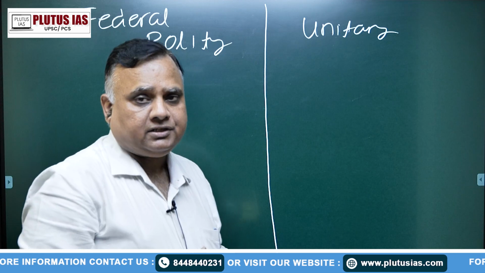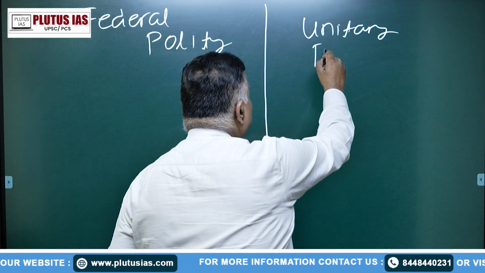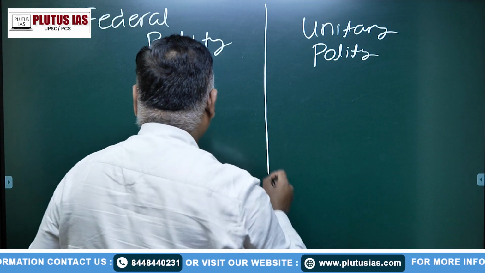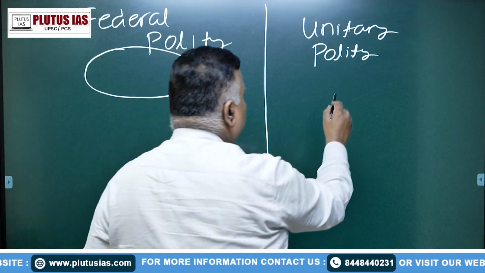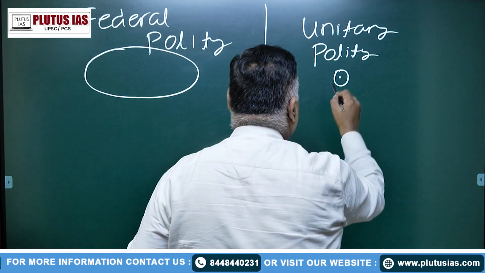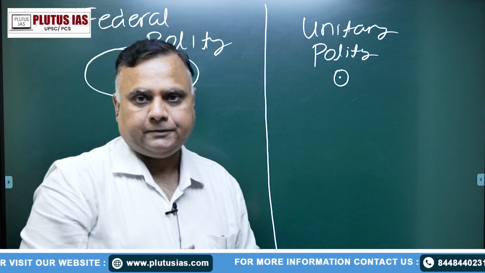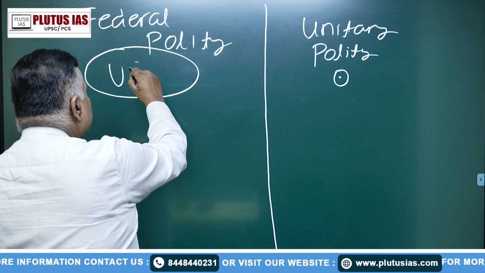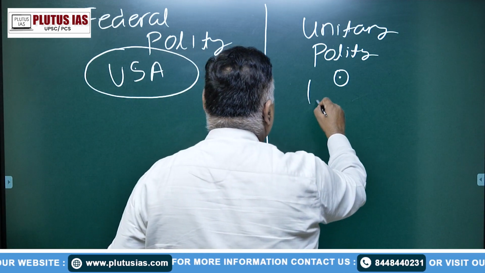All powers are vested in the union government. I have already said that large countries follow federal polity, and small countries, for the sake of administrative convenience, follow unitary polity. The ideal example of federal polity is the USA. An ideal example of unitary polity is the UK.